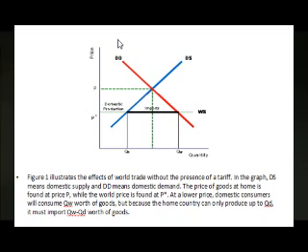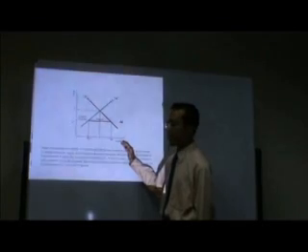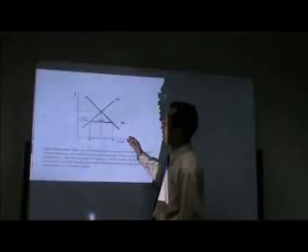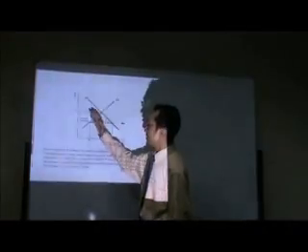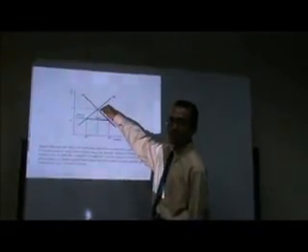When the price is low, the quantity consumed by the consumer is high. But if the price gets higher, the quantity consumed by the consumer gets lower, and the equilibrium is at this point.